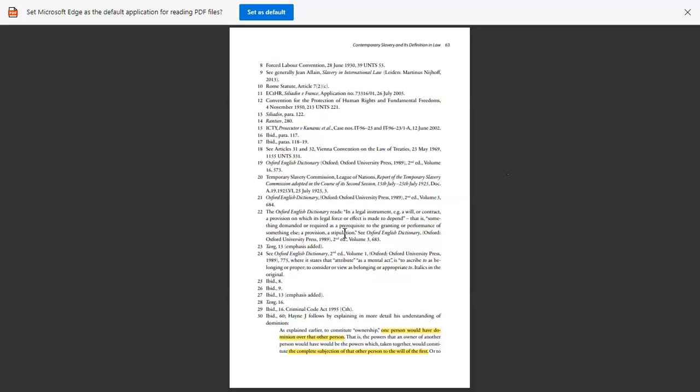So, you know, kind of bouncing through the footnotes. So all of this does have footnotes. One of them down here I thought was interesting was one person would have dominion over that of the other person. That's most certainly the case nowadays. The complete subjection of that other person to the will of the first.